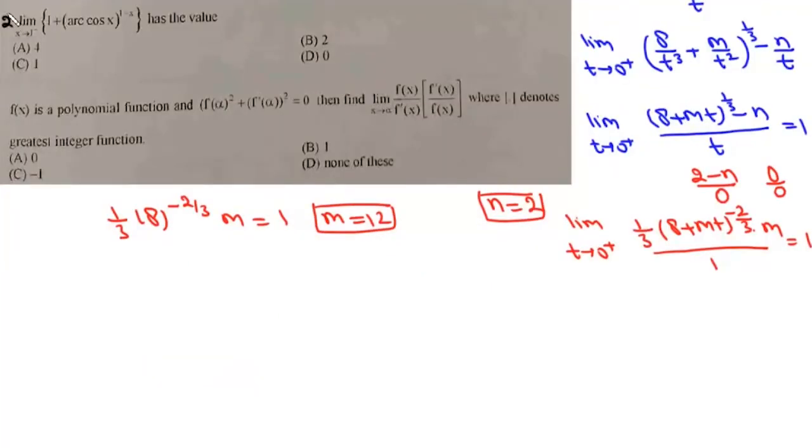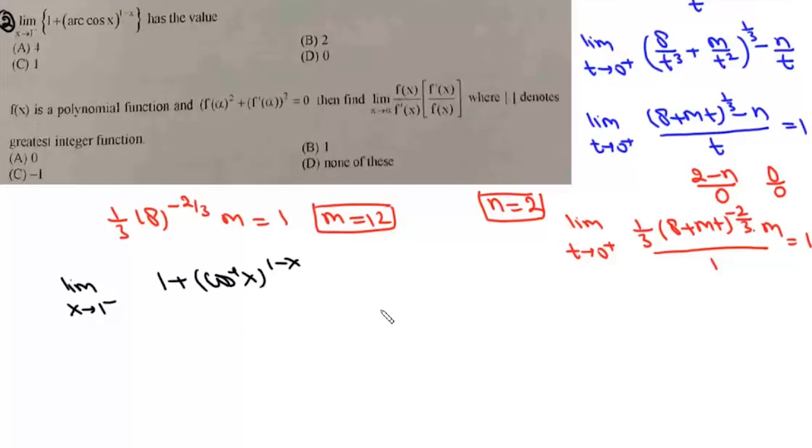Now this second question is this limit, x tends to 1 negative, (1 plus cos inverse x) to the power 1 minus x, has the value which is the following.